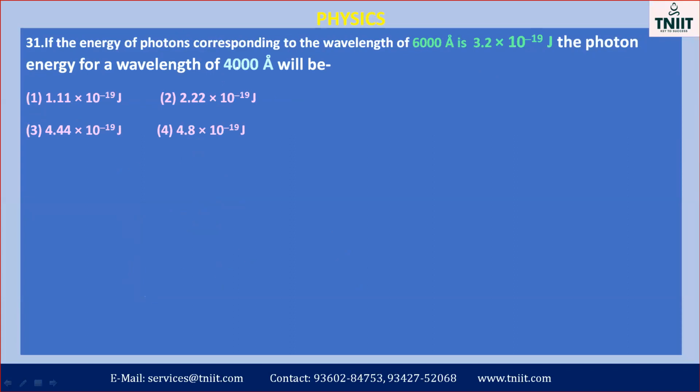If the energy of the photon emitted for the wavelength 6000 angstrom is this, what is the energy for the wavelength 4000 angstrom? What is the formula for energy in terms of wavelength? E is equal to hc by lambda, no? E is inversely proportional to lambda.